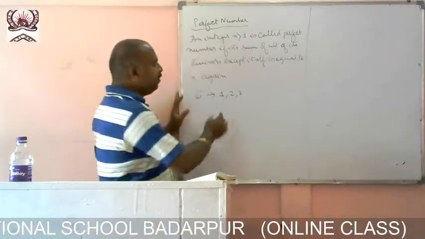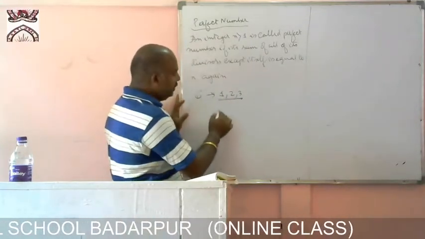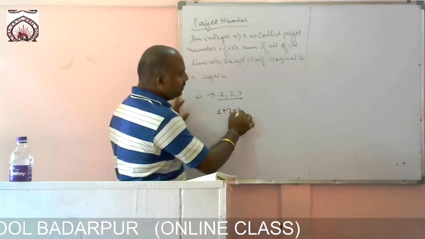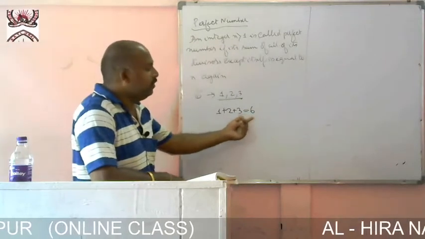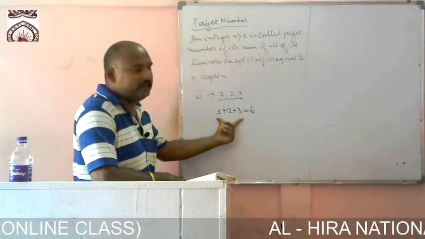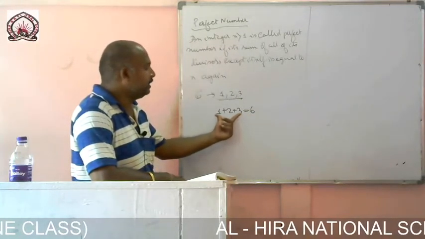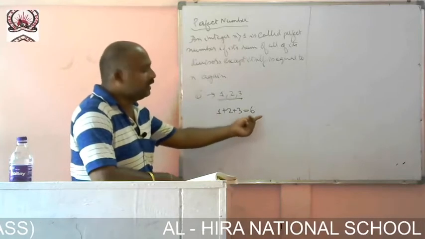But if I add the other divisors, 1 plus 2 plus 3, we get 6.